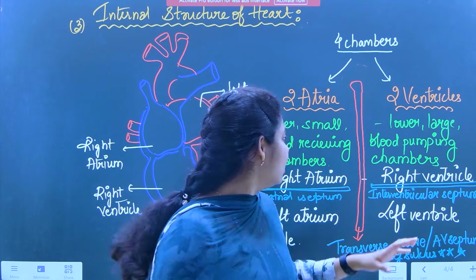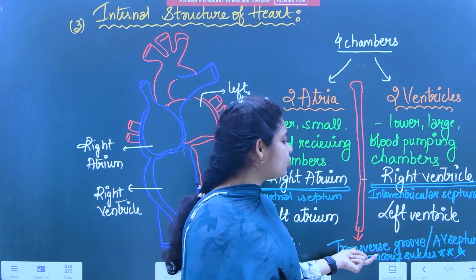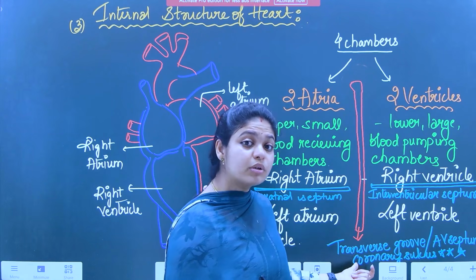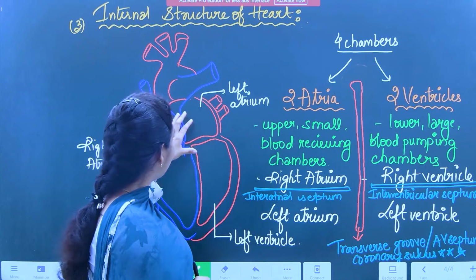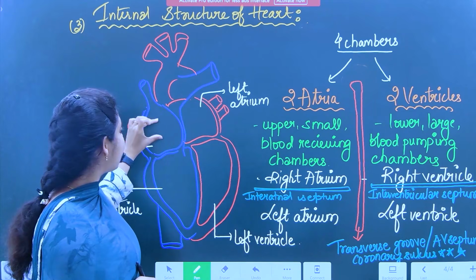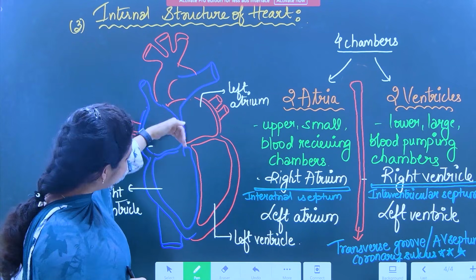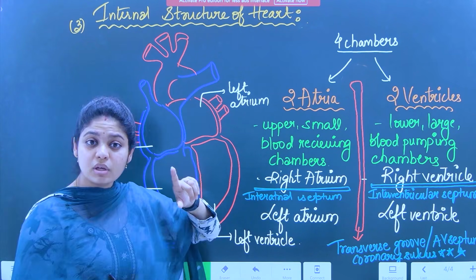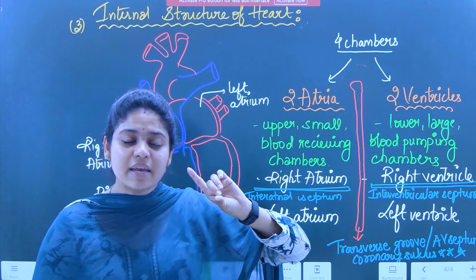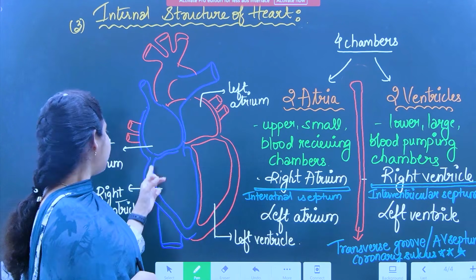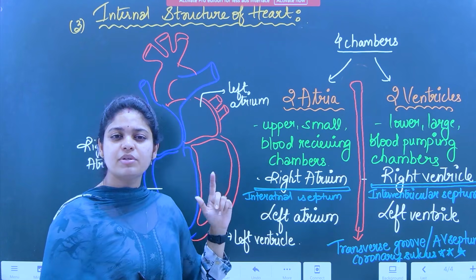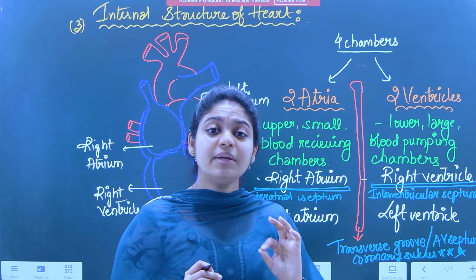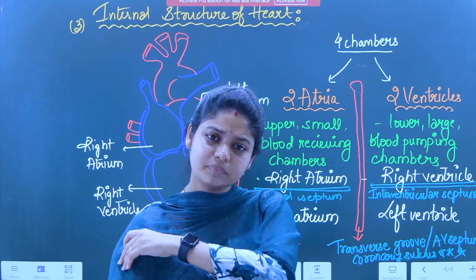Right atrium separated from left atrium is the interatrial septum. Right ventricle separated from left ventricle is the interventricular septum.